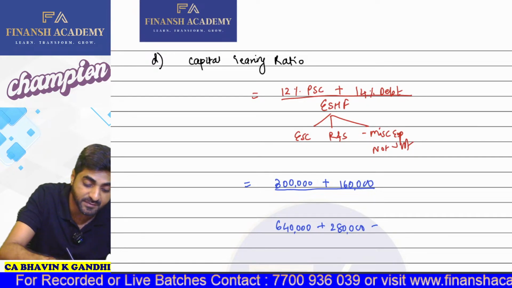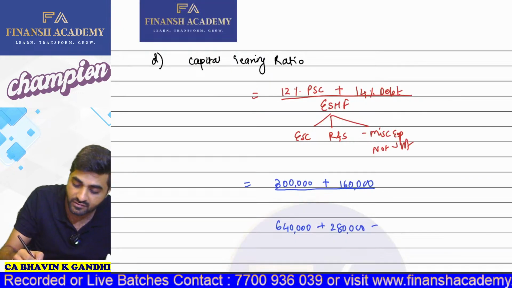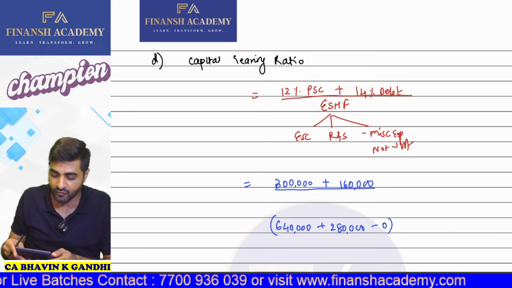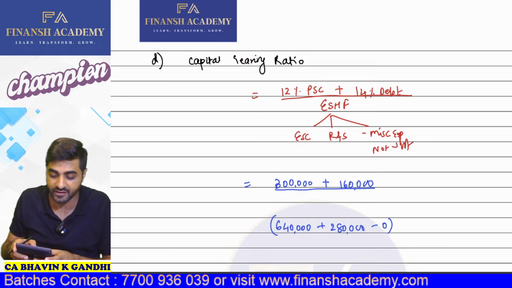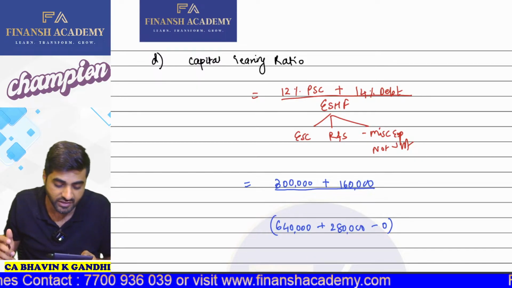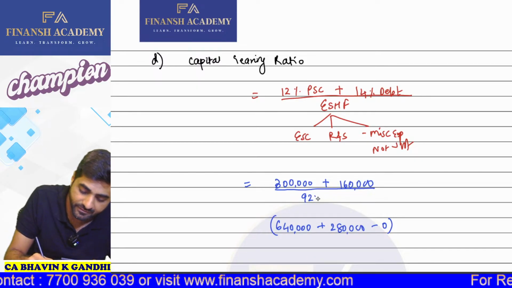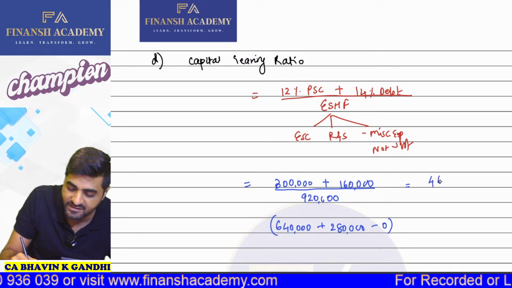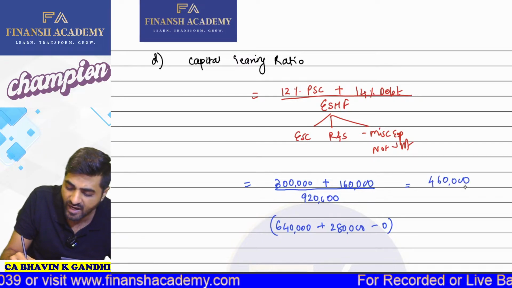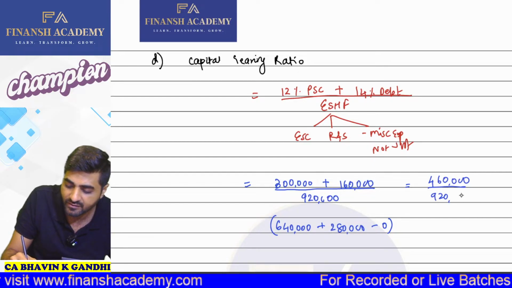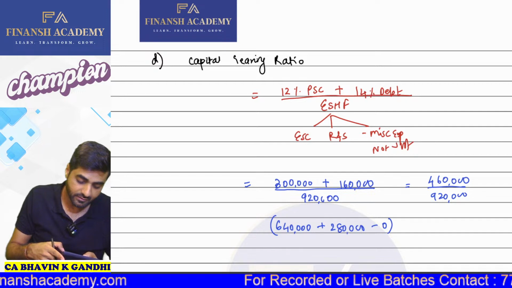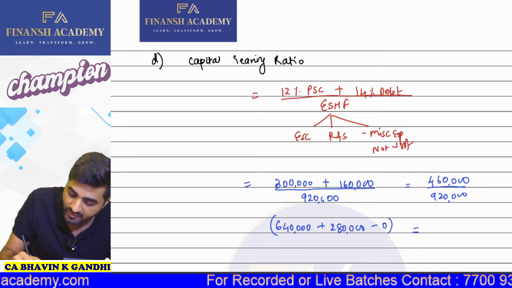And there is no miscellaneous expenditure to the extent not written off. Okay. So then this will be 6 lakh 40 plus 2 lakh 80. So eventually this is going to be what? 9 lakh 20. So we have our fixed commitment sources, which is 4 lakh 60. I will divide that by 9 lakh 20. So eventually this will be 0.5 is to 1.